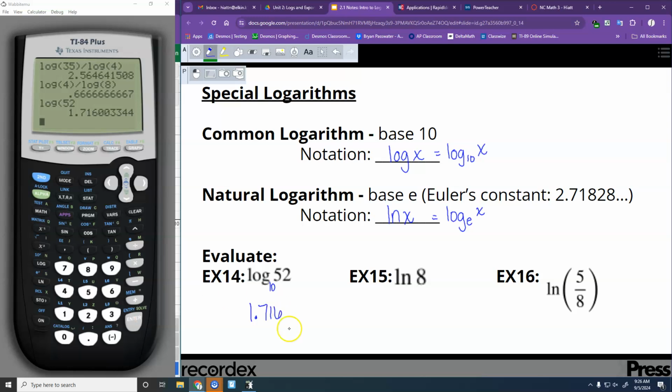All right? If I want to do natural log of 8, it's the same as log base e of 8, but I don't have to use anything special because they gave us a calculator button for it. Natural log of 8, and I'm going to get 2.079.